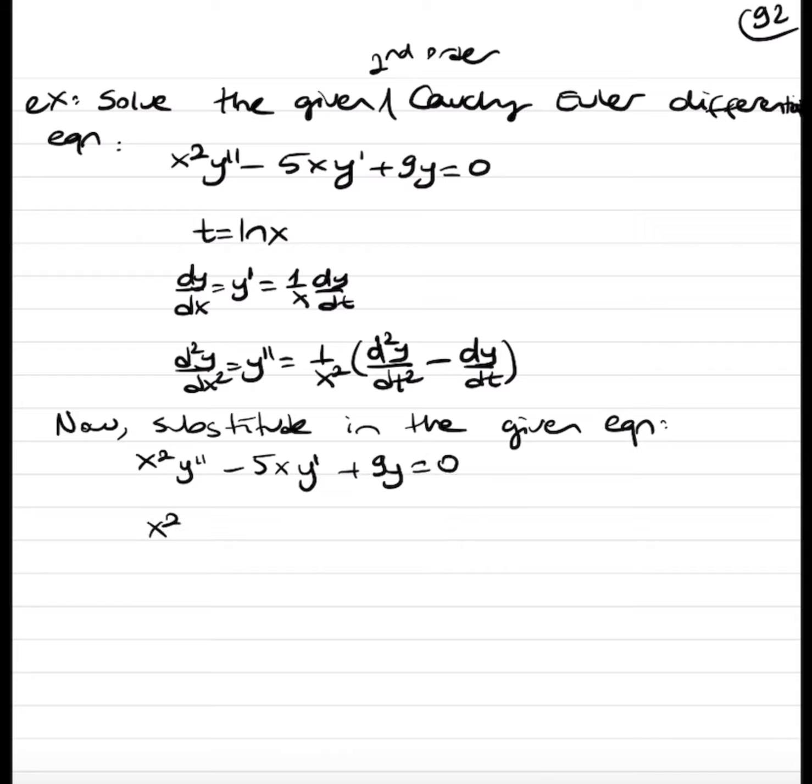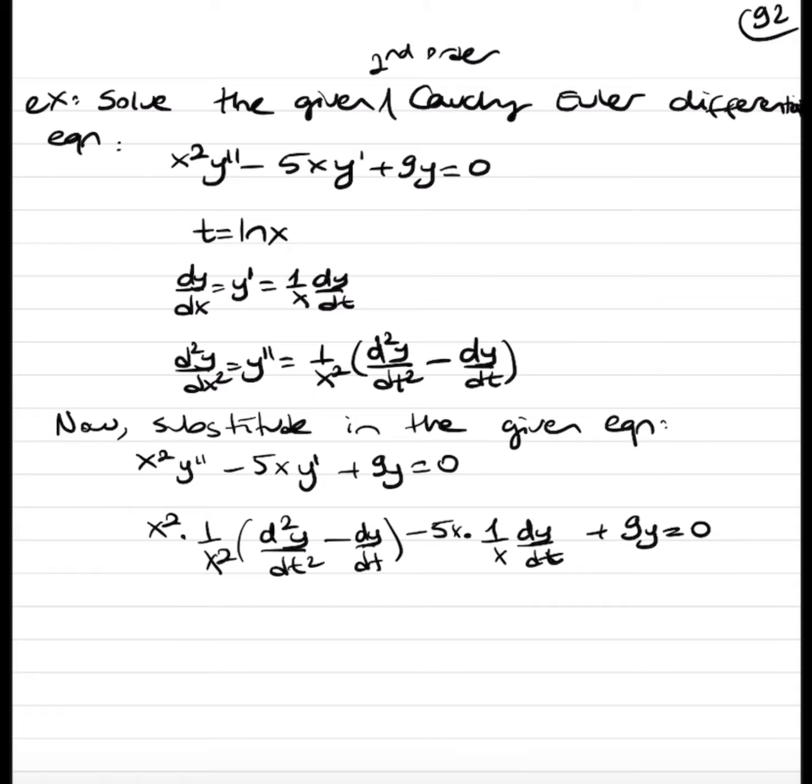So we have x squared. What is y double prime? It is 1 over x squared times d squared y over dt squared minus dy over dt, minus 5x times 1 over x dy over dt, plus 9y is equal to 0.